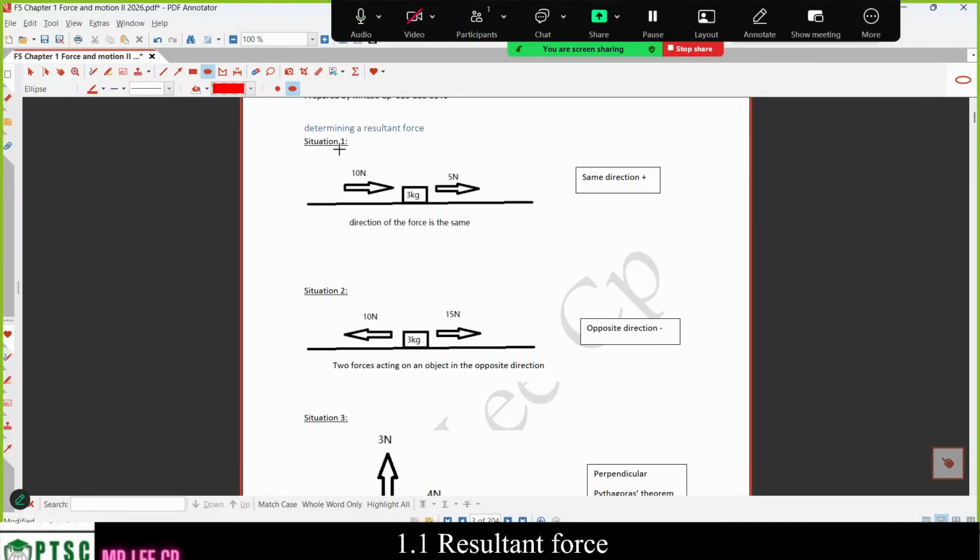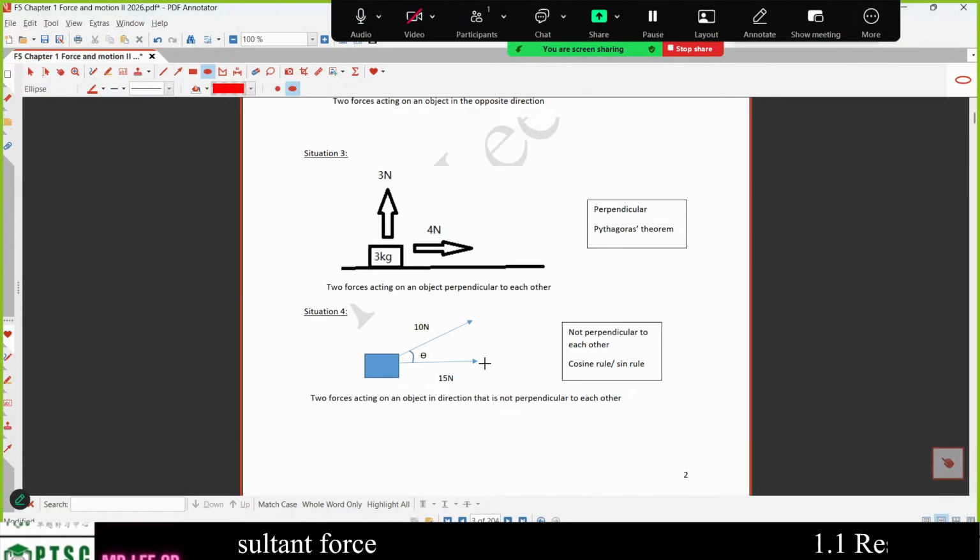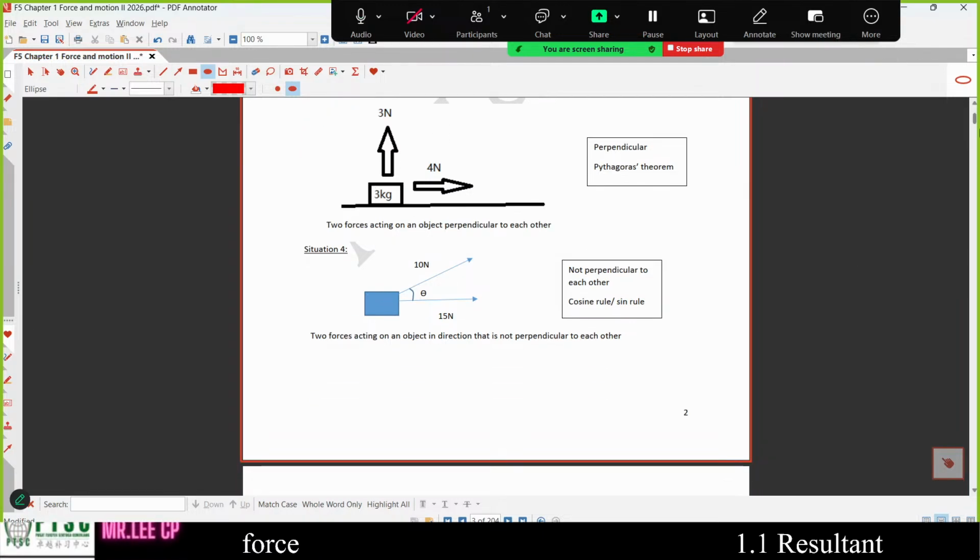These four cases are situation 1, situation 2, same direction, opposite direction. And this one we also did, perpendicular, which is Pythagoras theorem. And this one you need to use sine rule or cos rule.